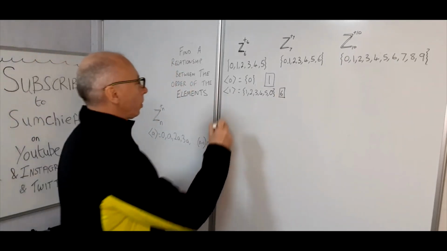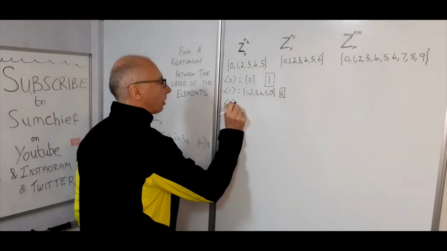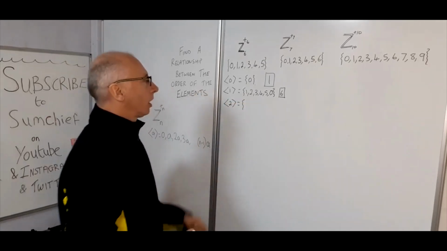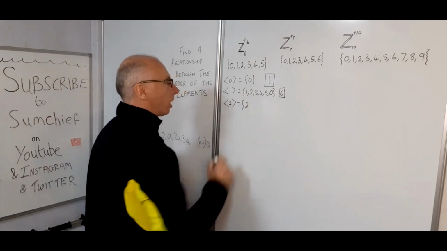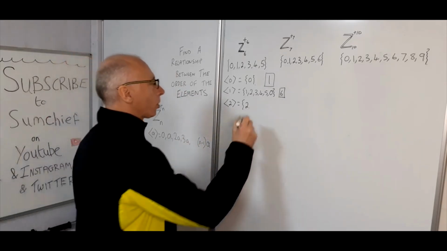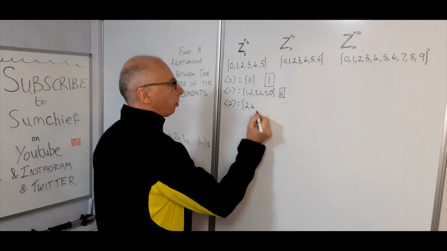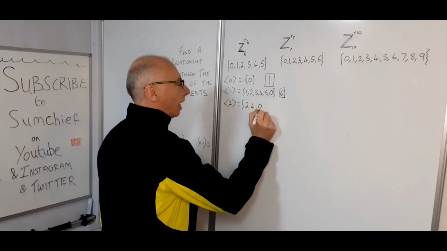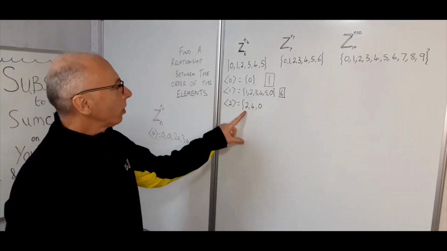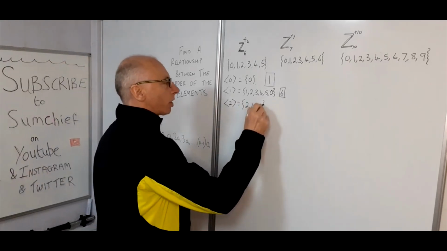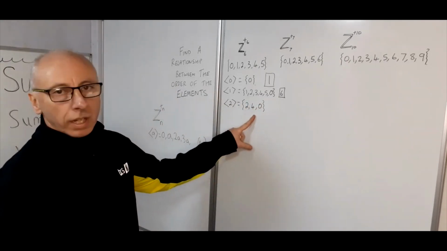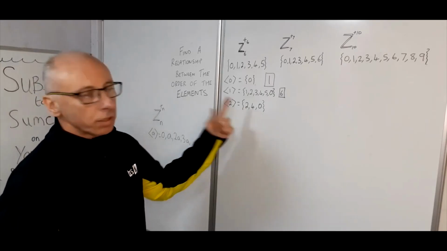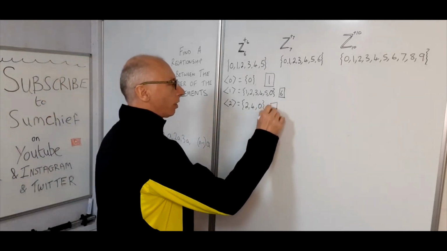Okay, let's have a look at 2. Let's put the first one in, and then we just keep adding 2. 2 plus 2 is 4, 4 plus 2 is 6, modulus 6 gives us 0, and then 0 plus 2 sends us back to 2 again. So now we're just going through the cycle again. So this one has 1, 2, 3 elements, this one has order 3.